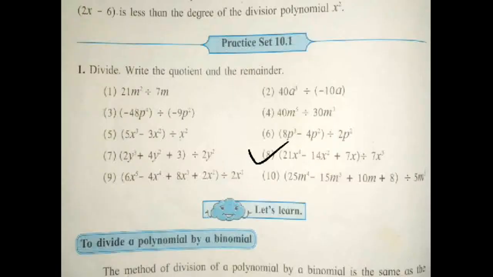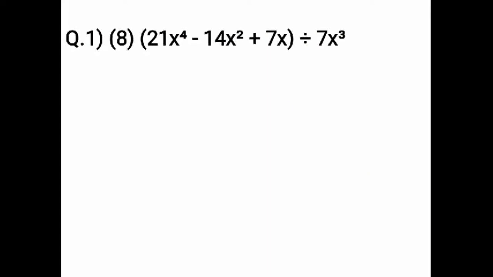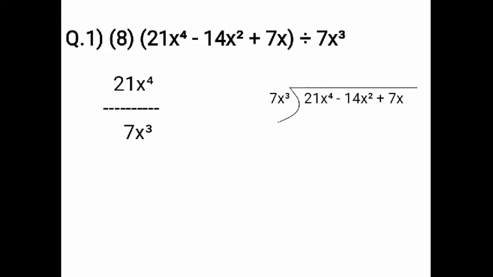Next, 21x raised to 4 minus 14x square plus 7x divided by 7x cube. First, take the single term when you are dividing by 7x cube. It is same like 7th one sum which I taught you. 21x raised to 4 upon 7x cube. Write multiplication form now.